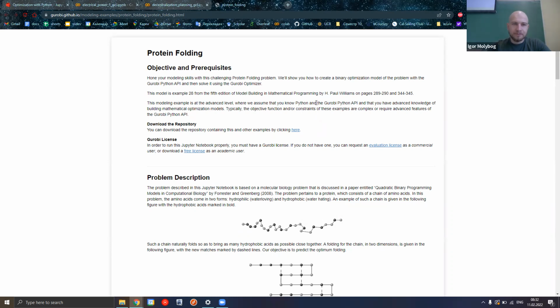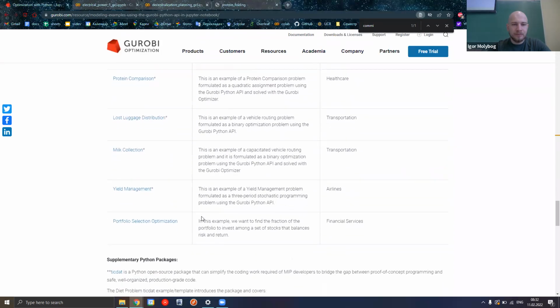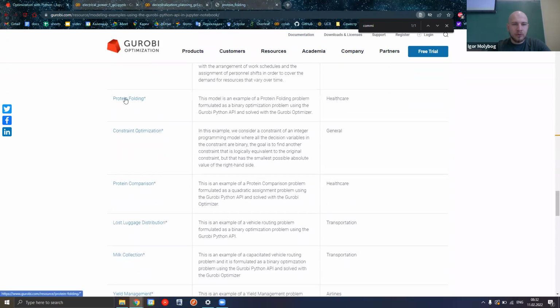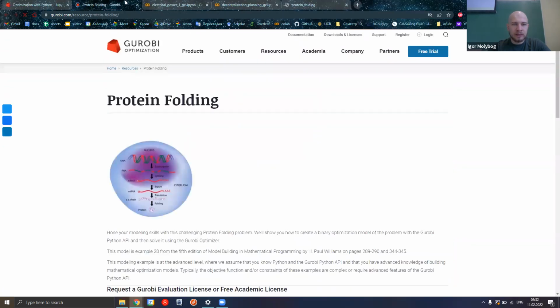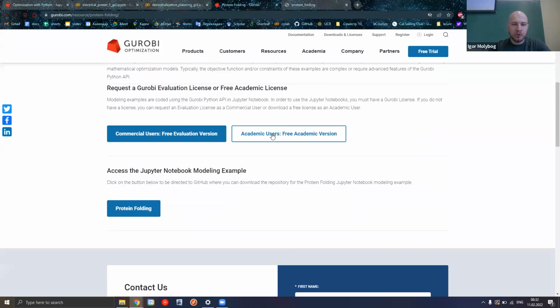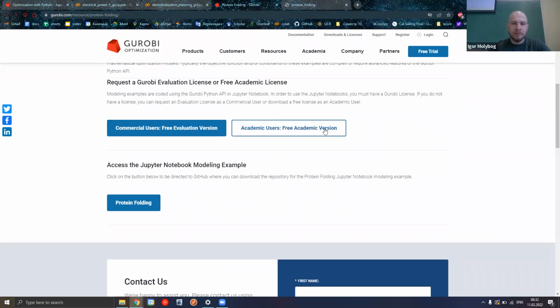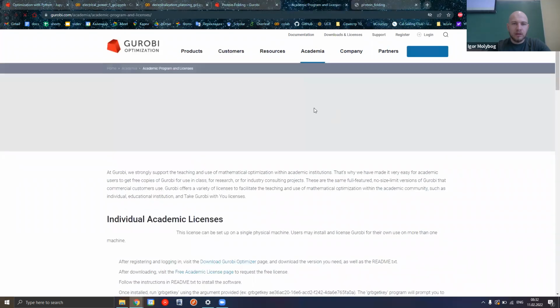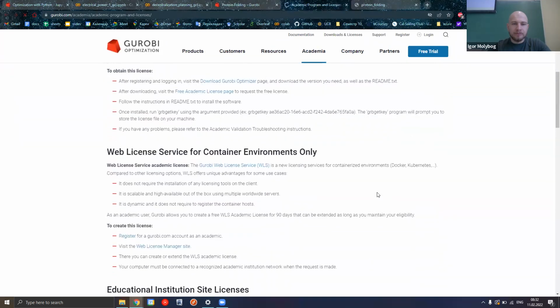So most probably, if you have Python installed and you know how to use it with Bash, there should be no problem with that for you. You can just simply request an academic license, and you should be able to use it.